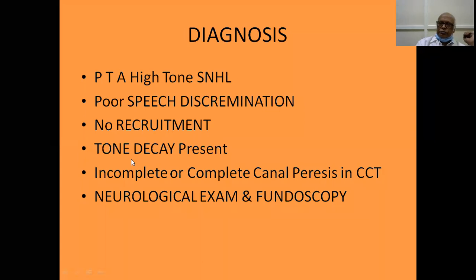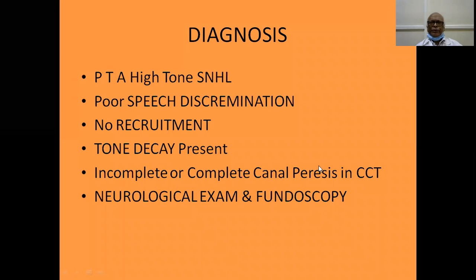That is, the sound is not heard for the period that is normal for that frequency, so it will die down early. This can be demonstrated by means of the audiogram. And if you conduct the caloric test for individuals, you will classically see either incomplete canal paresis or complete canal paresis.